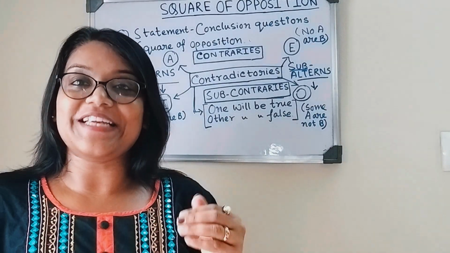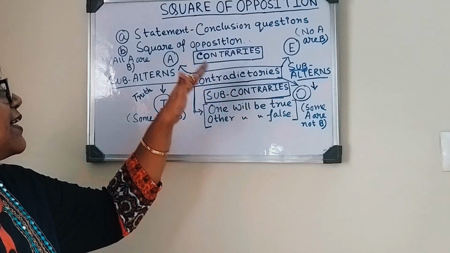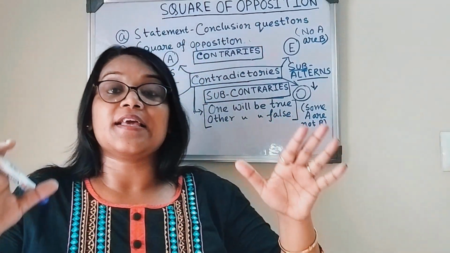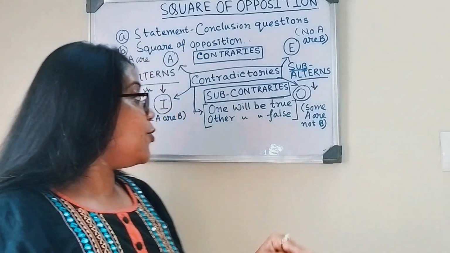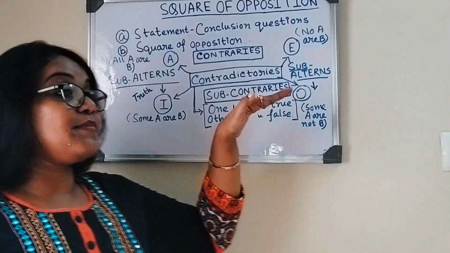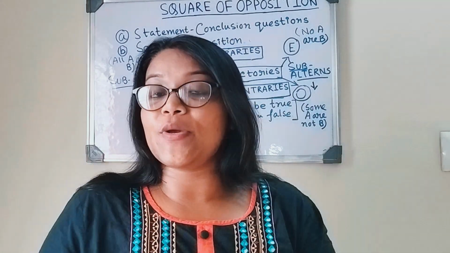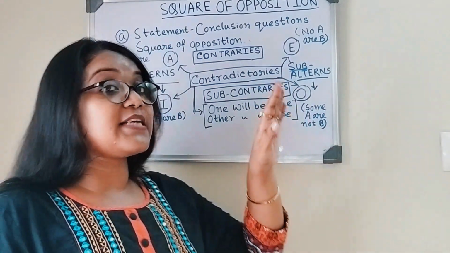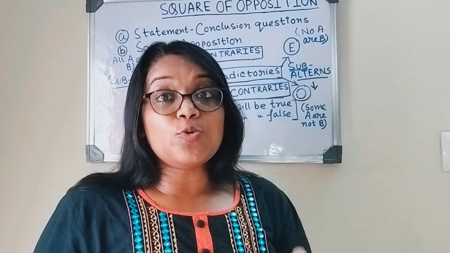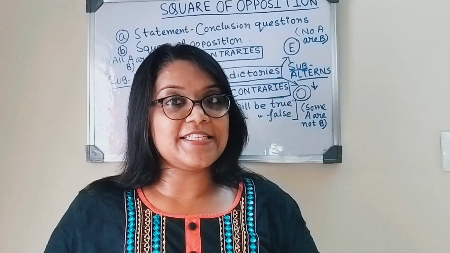Contraries basically indicates they cannot be true together but can be false together. And the third one, subcontraries, basically indicates they can be true together but cannot be false together. And the last combination of the statement, subalterns, indicates there is truth downward and falsity upward. I think this is clear.